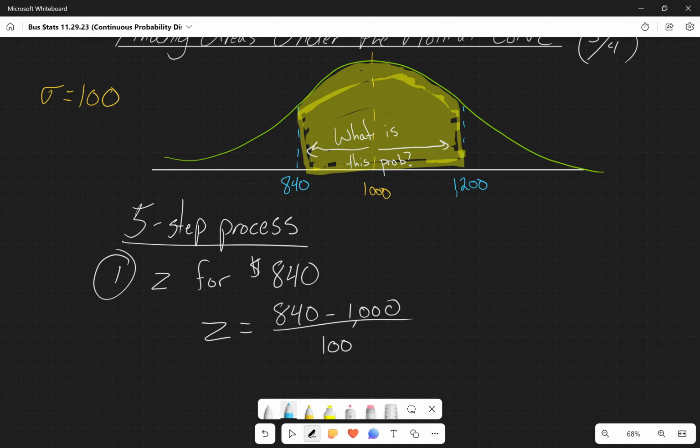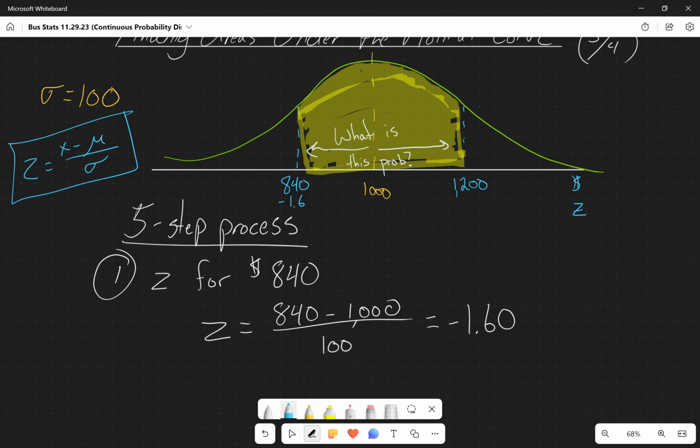So we know the formula z is equal to x minus mu over standard deviation. We do this to calculate our z statistic, which ends up being negative 1.60. So we label that negative 1.6, and we have a dollar axis here, and a z axis right here.